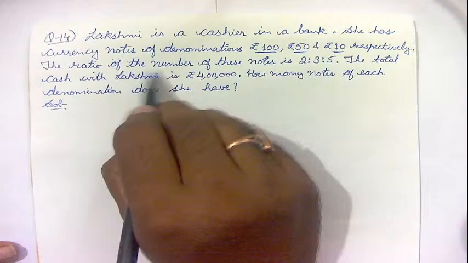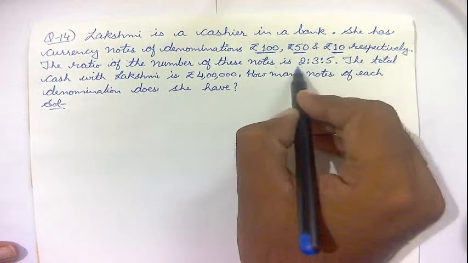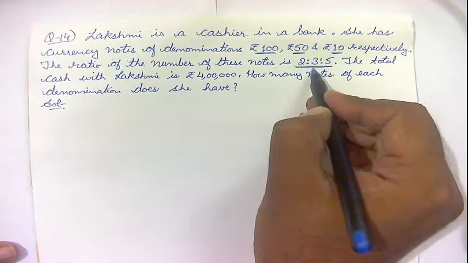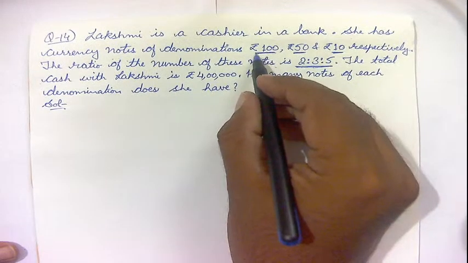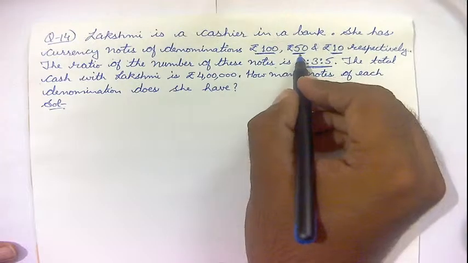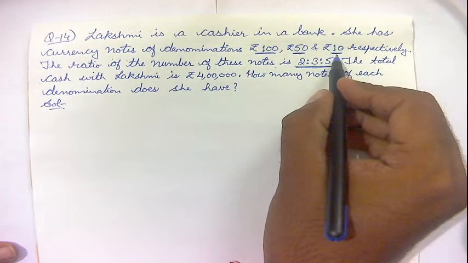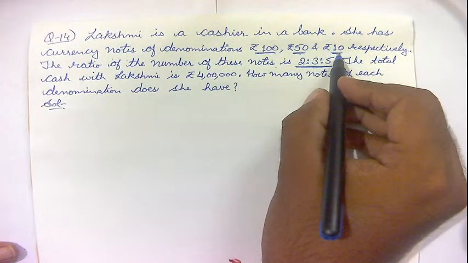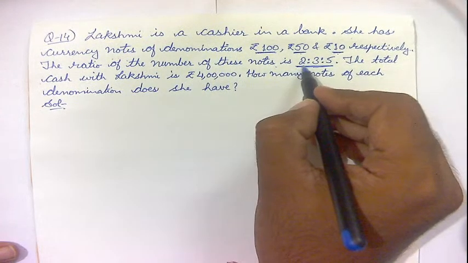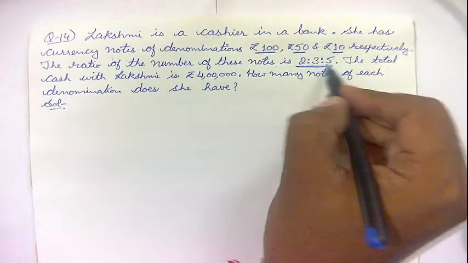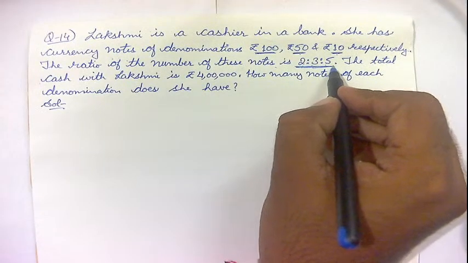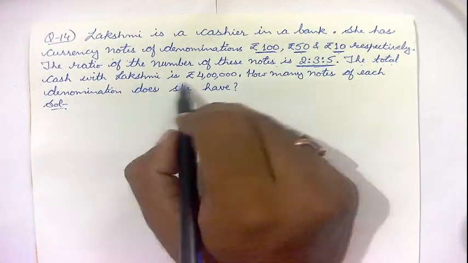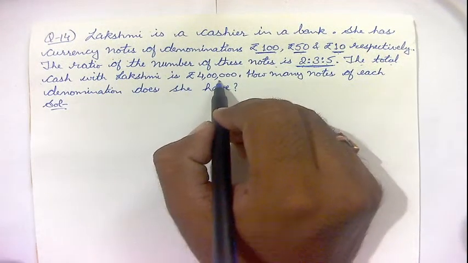Now the ratio of the number of these notes is 2:3:5. Whatever are there, there are some 100 rupee notes, there are some 50 rupee notes and there are some 10 rupee notes. Whatever the number is there, the ratio of them becomes 2:3:5. Now the total cash which is there, the total cash with Lakshmi is rupees 4 lakh.